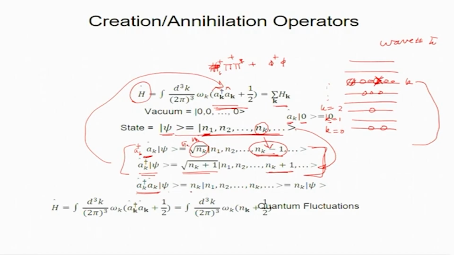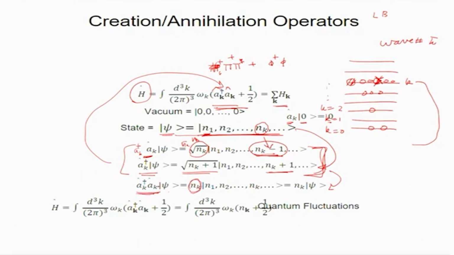So, nk multiplies and you get nk. Given these two, it is straightforward to get that. We can look at the proof in any of the standard books, Lancaster and Blundell, which I like, Quantum Field Theory for the Gifted Amateur, or any book where you have all the details of the proof. So, A_k dagger A_k will give you nk.